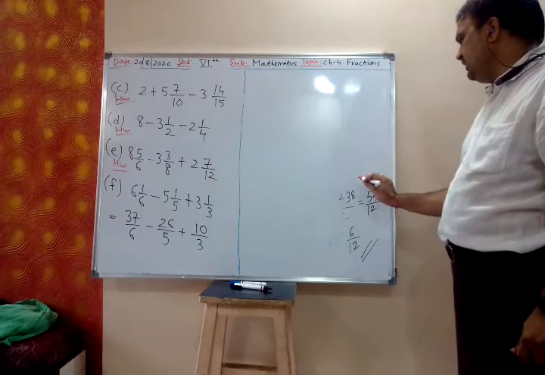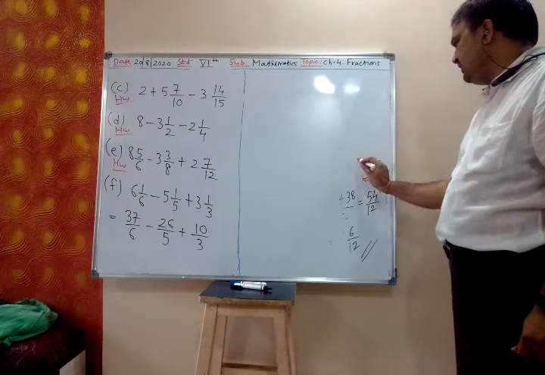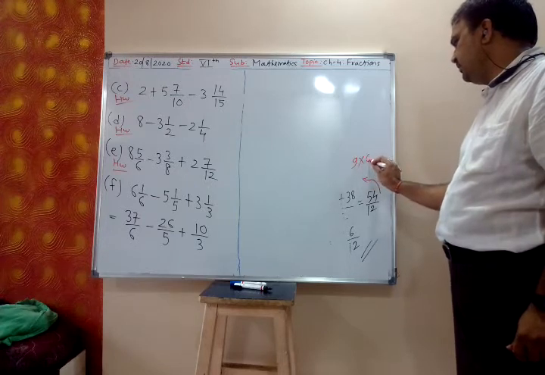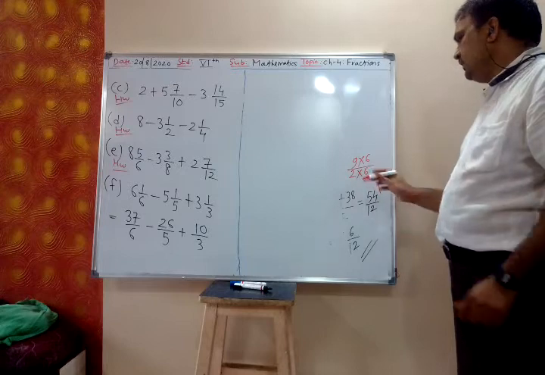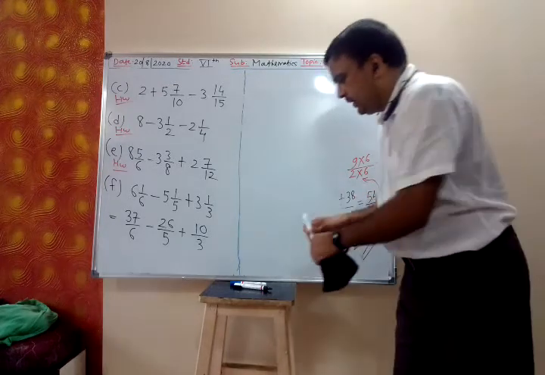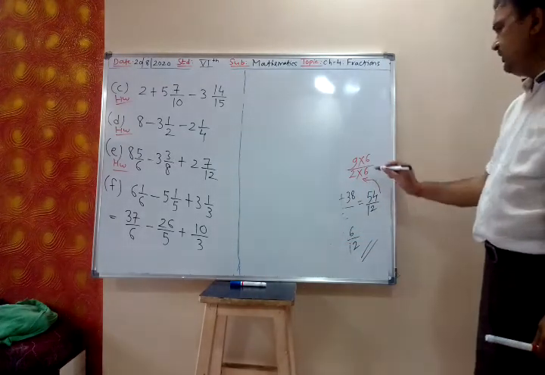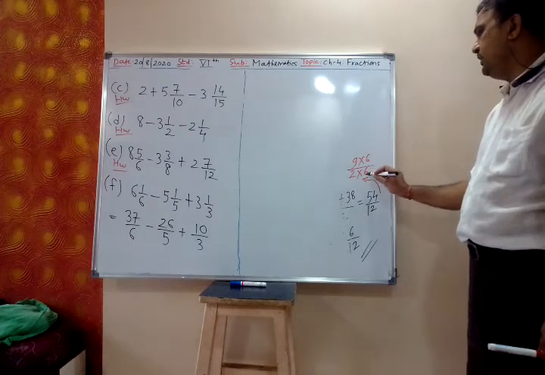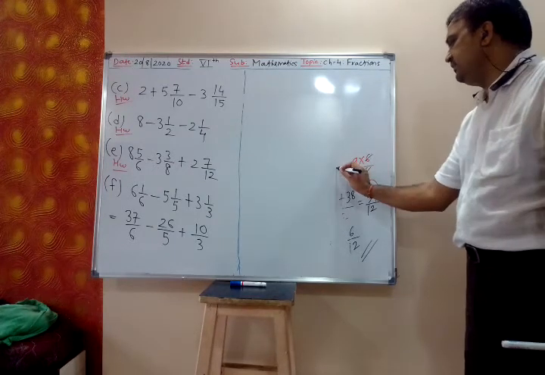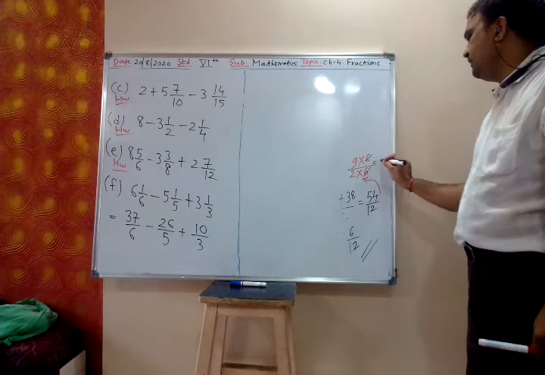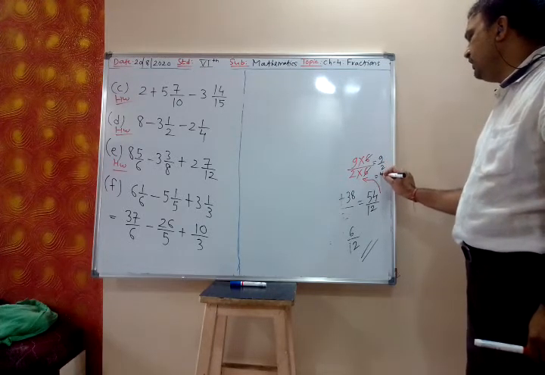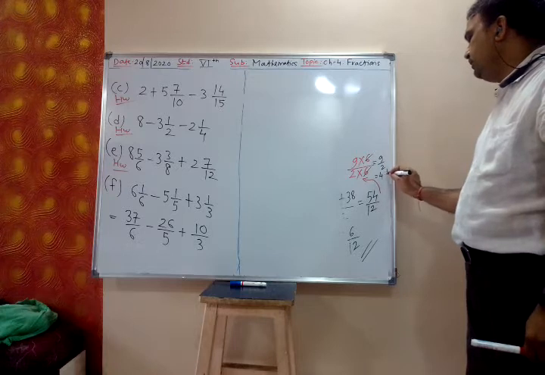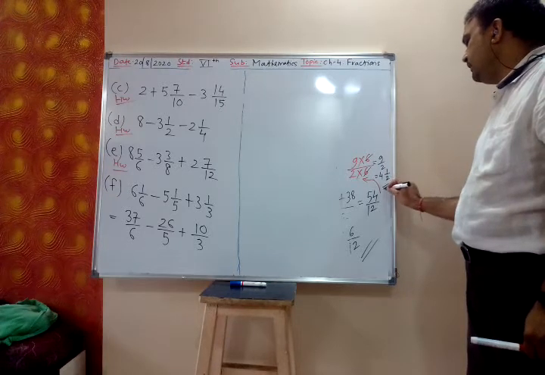You can write this as 9 sixes are 54, and 12 I can write as 2 into 6. Then 6 gets cancelled. What is left? 9 upon 2 is left. Then I can divide 9 by 2. That is 4 twos are 8, so 4 and 1 by 2.